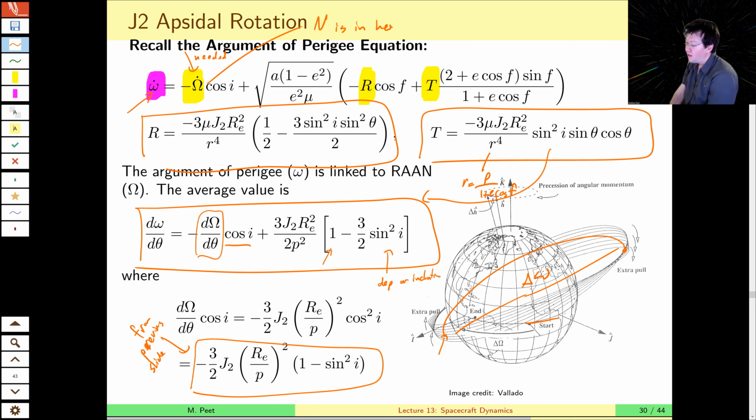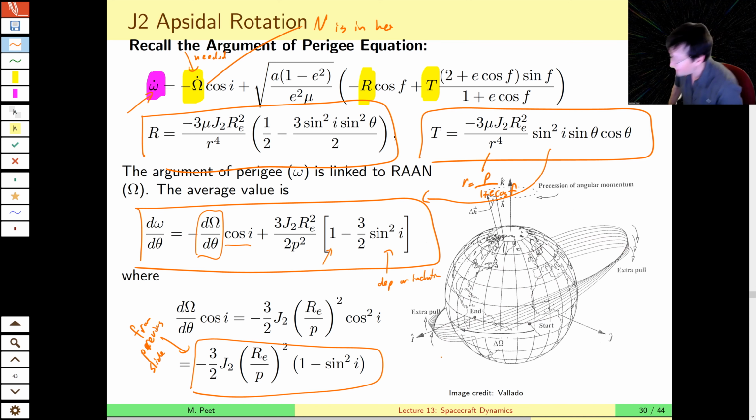Okay, so where are these coming from? Let me erase here. So notice that we have three terms. Let's go through them. So radius.